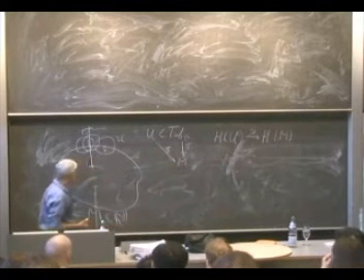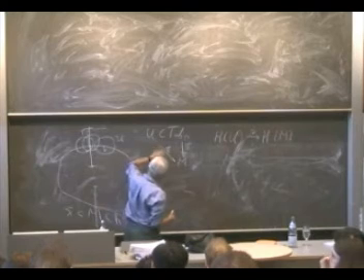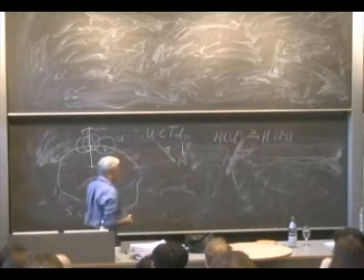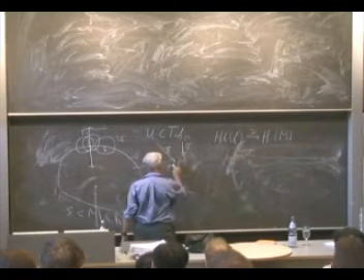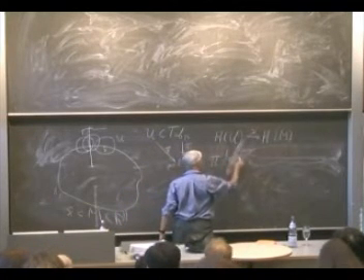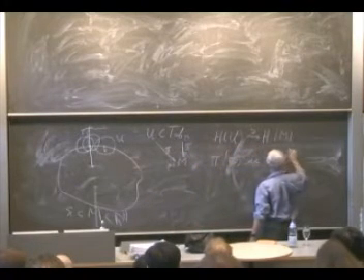Okay. So the idea is we look at pi from U to M. And I want to show, if we take a point P belonging to this, that pi inverse of P is contractible.